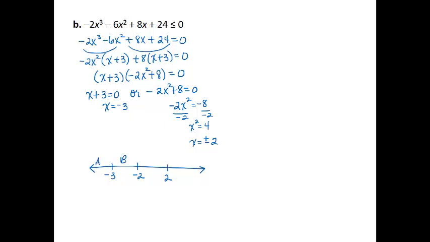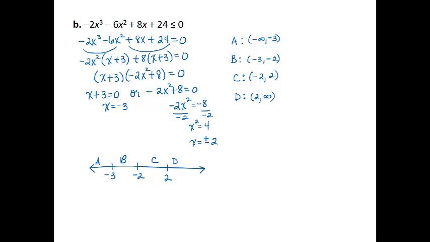I'll label these A, B, C, and D. So region A is to the left of negative 3, so negative infinity to negative 3. Region B is between negative 3 and negative 2. Region C is between negative 2 and 2. And region D is 2 to infinity.